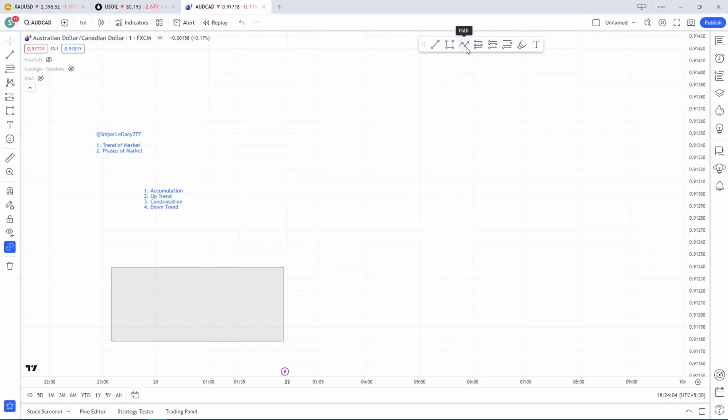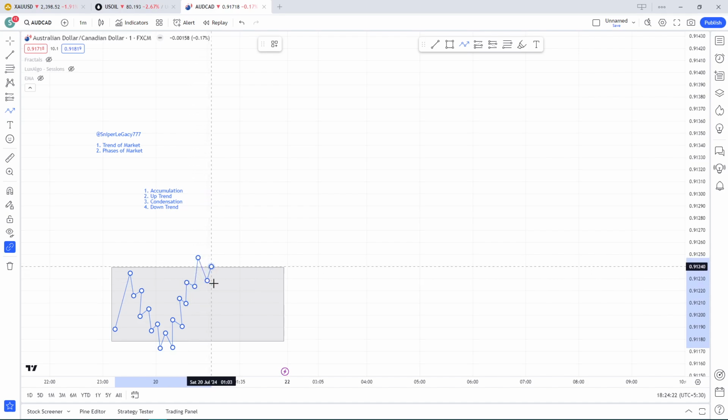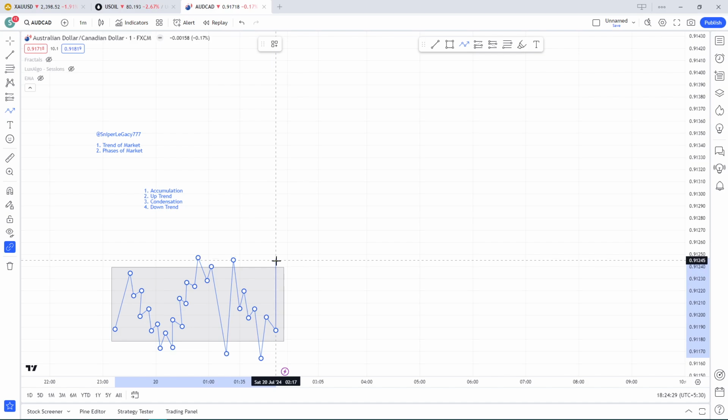Okay, so what happens in the accumulation phase is the price will be trapped in a zone, like how I have marked this rectangle. Maybe internally there will be a higher high, higher low, it will break, it will again go up, there might be strong momentum moves, again a lower high, something like this.